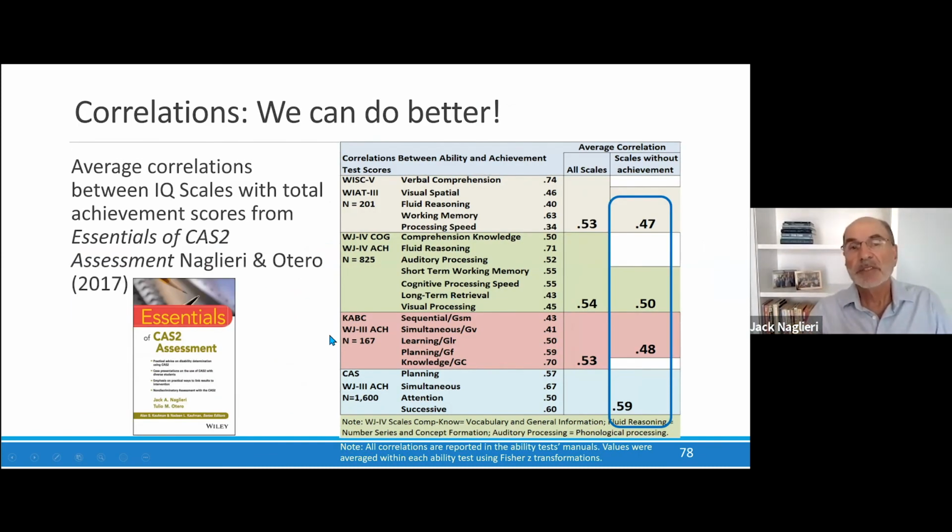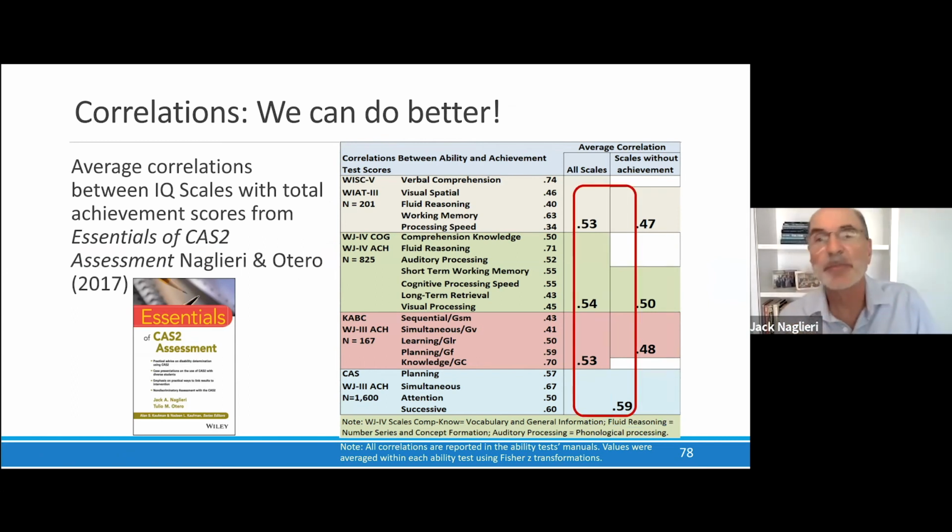Now, sometimes we have to back up and say, okay, we looked at profiles, we see the factor analysis stuff. What about some basic validity? Like, what's the most basic evidence of validity that you have? Correlations to achievement. Well, in order to answer that question, I'm kind of working against myself if I compare a WISC to a CAS, because the WISC has knowledge in it, right?